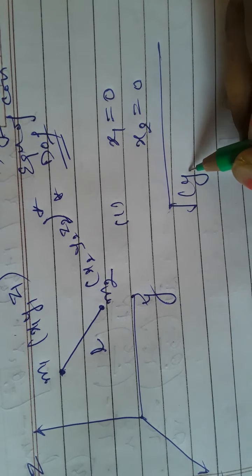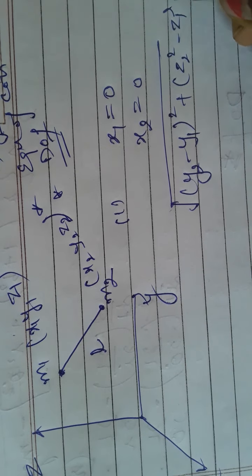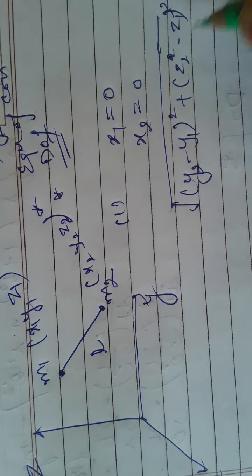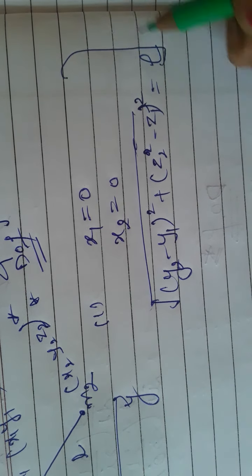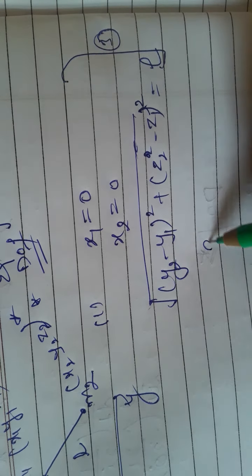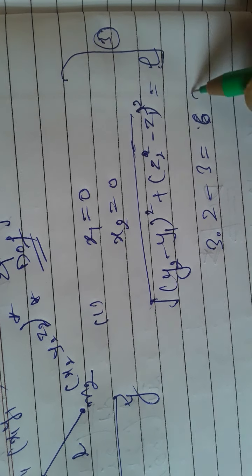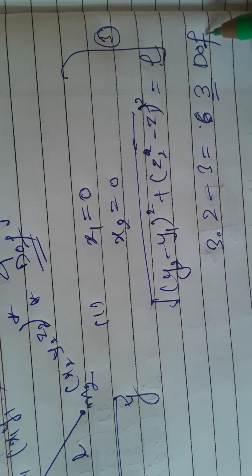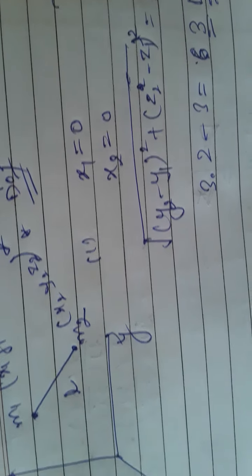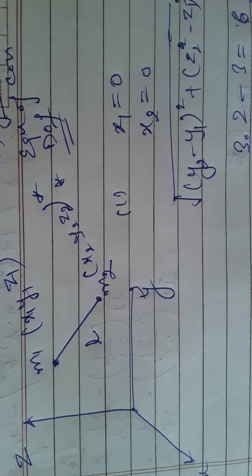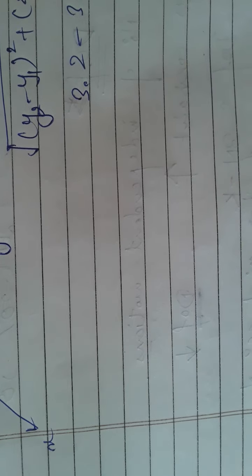So it means (y2 minus y1) squared plus (z2 minus z1) squared is equal to L squared. So here are three equations of constraint, and 3 times 2 minus 3 is your 3 degrees of freedom for this system. Nothing to do, only and only write the coordinates and impose the condition of what it is saying. See one more example.